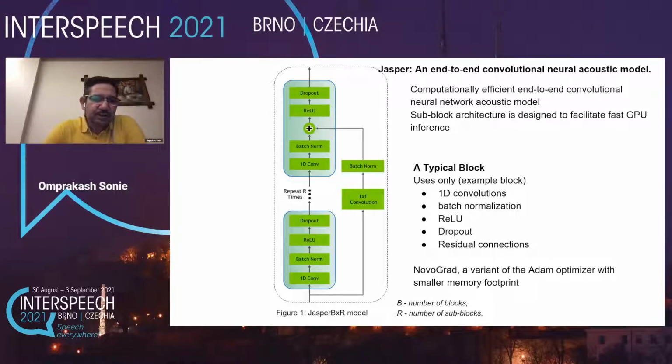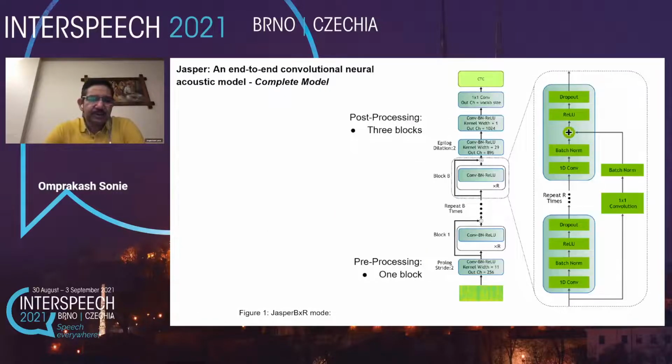Here they call it the BXR model, where B is the number of blocks, and within a particular block, how many subblocks there are as part of this architecture. The subblock architecture is also designed to facilitate fast GPU inference. So this is the way this architecture was designed.